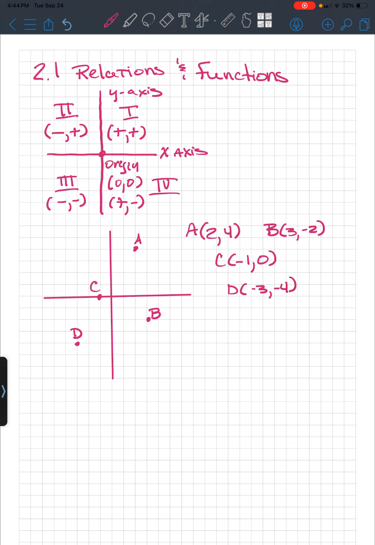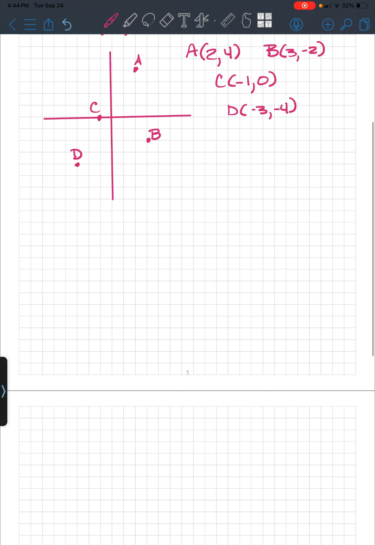That is just how to graph on the coordinate plane. Remember, any set of ordered pairs is a relation. And there's lots of different ways to list a relation. You can do it in a table like this.